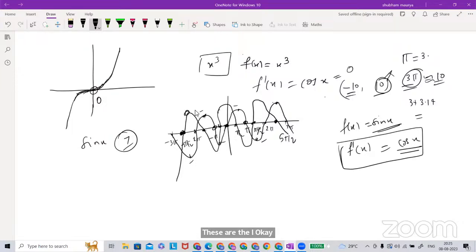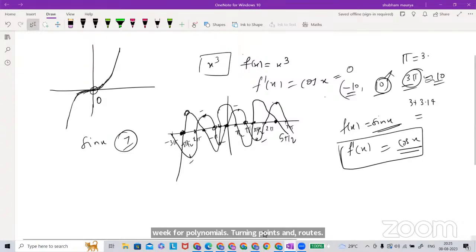Sir, I have a small doubt on this question. If we apply the week 4 concept from polynomials, turning points and roots: roots are always equal to the degree of the function, and turning points are always 1 less.